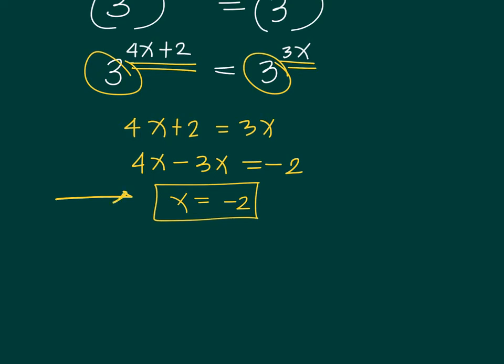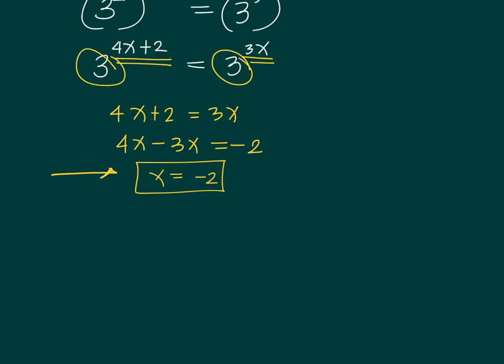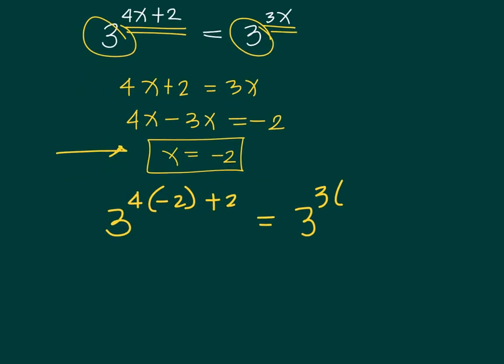You can also have an optional check whether the x value that you obtain is correct, and that is by simply substituting the x that we obtained in one of the equations that we were working on. Say we have 3 raised to 4 times negative 2 plus 2, and we are hoping that this is equal to 3 raised to 3 times negative 2.